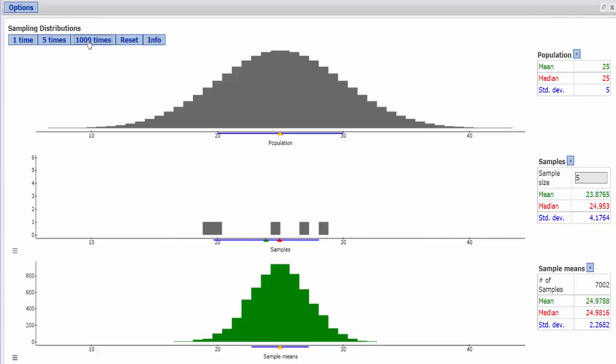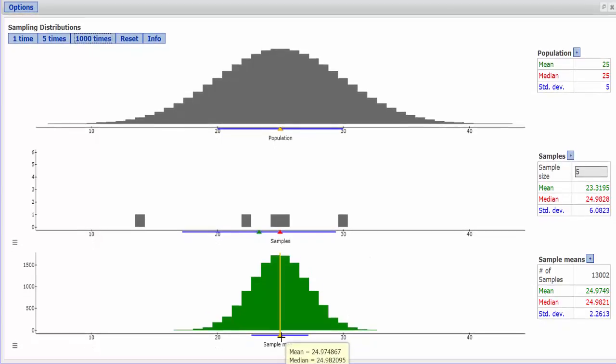And let's go ahead and skip to the answer. Okay, so again we see that the average of all the averages is right at the population average of 25. But when we start with a normal population, our sampling distribution looks approximately normal, even when we had the smaller sample. So that's a difference between what we saw when we were starting with a population skewed right.